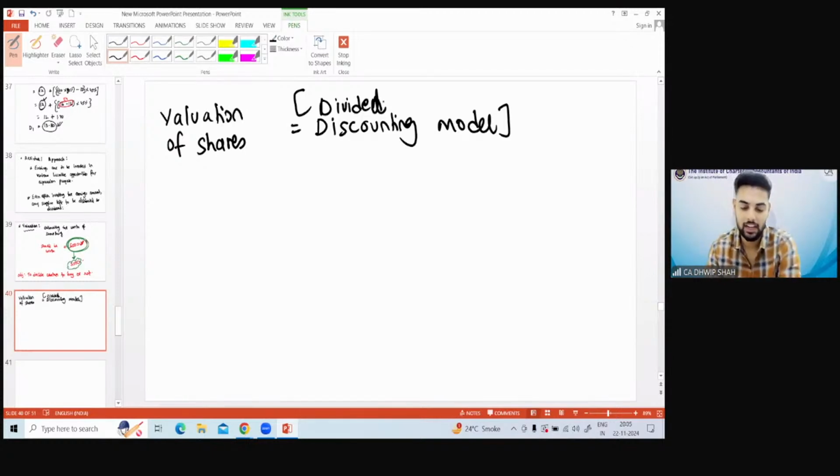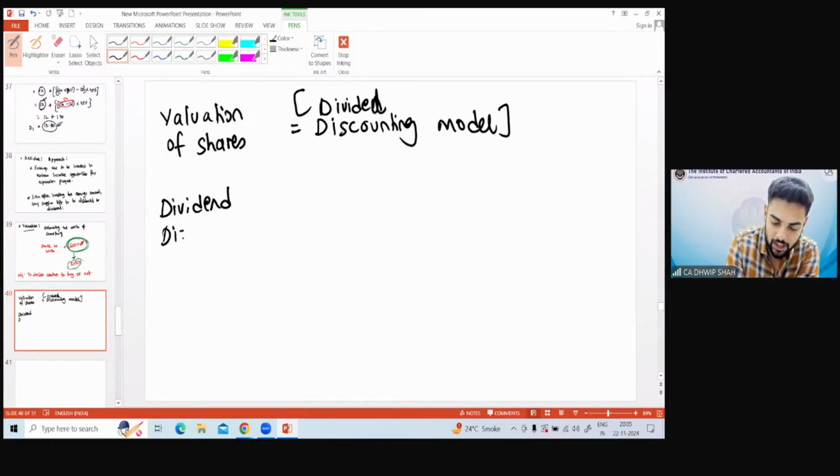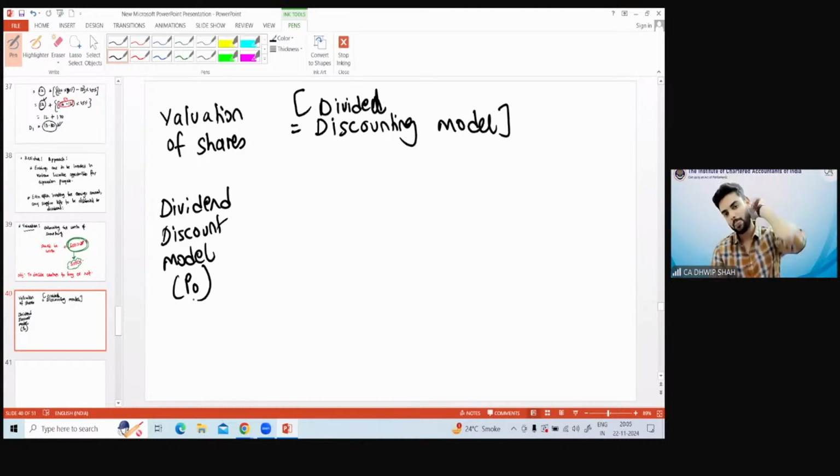Now, what is the dividend discount model? How do you value shares using it? Valuation of shares means calculating the price of the share today. Valuing the share or estimating the worth of the share means calculating P0. Correct?